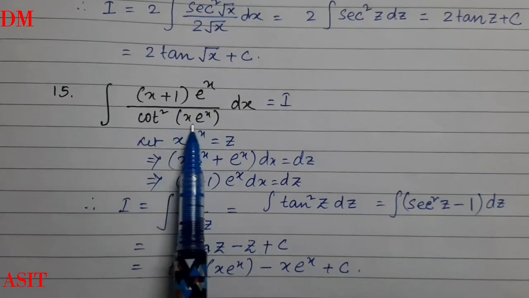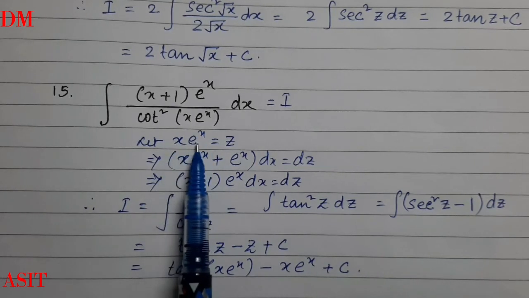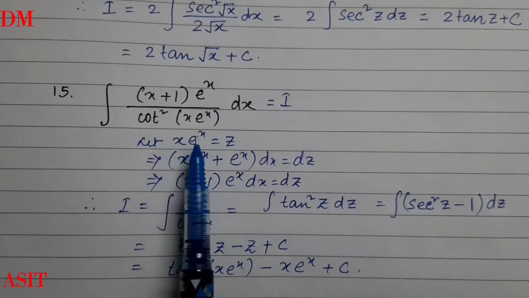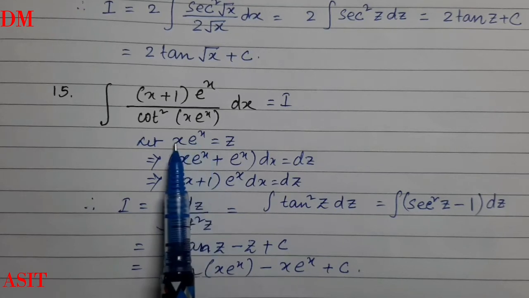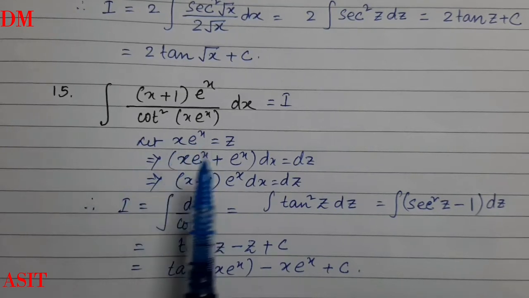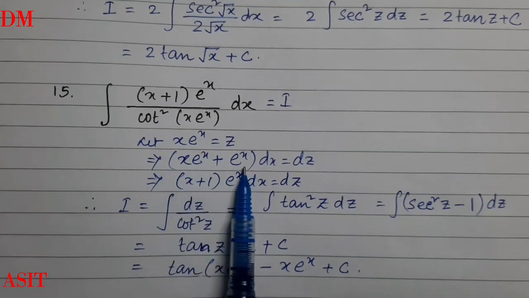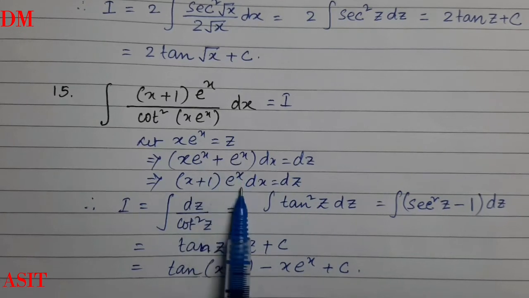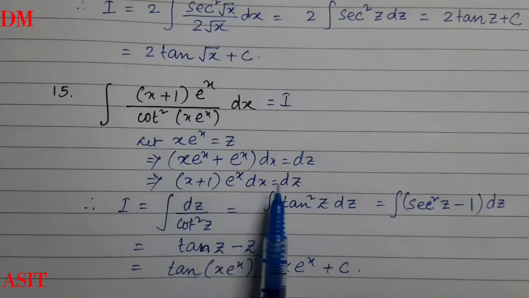Now if you take x e to the power x as z, so differentiate this. It will be the differentiation of the first function, leave the second, then the differentiation of the second function, leave the first. That is the UV formula. If I do this way, this will be x e to the power x plus e to the power x dx equals dz. Or we can take e to the power x common, so we are getting the numerator x plus 1 e to the power x dx equals dz.